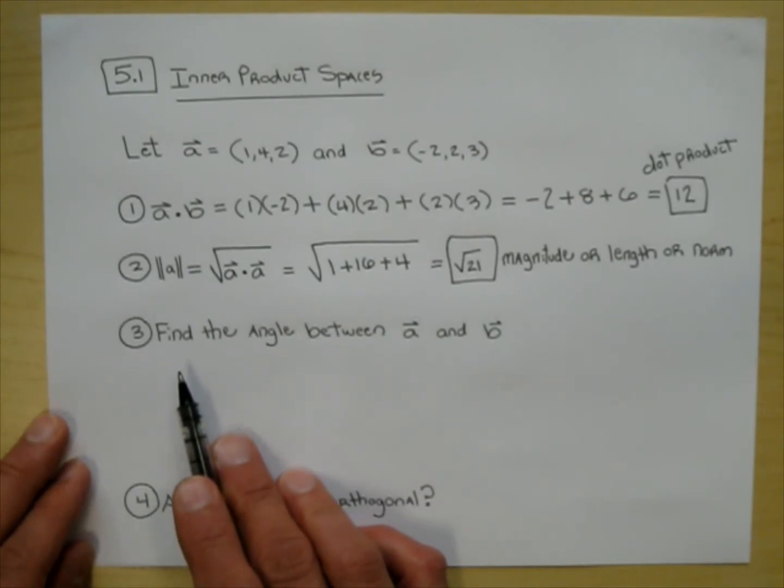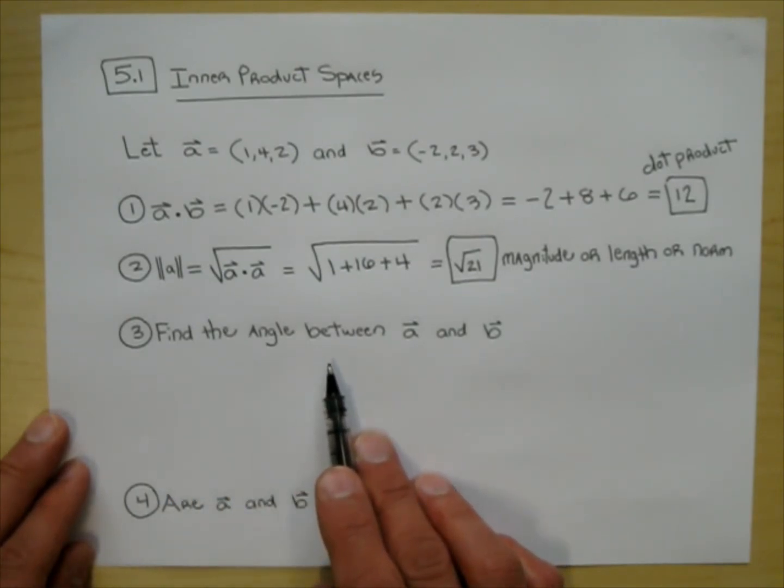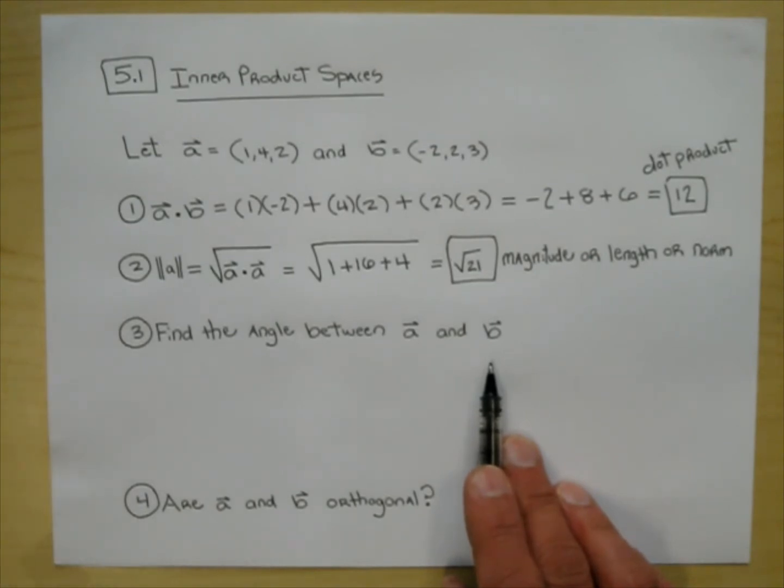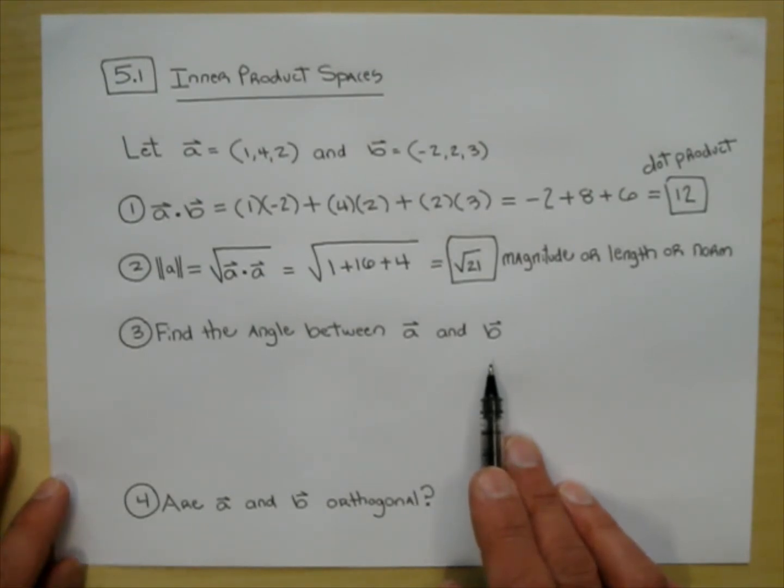Now what we are going to do is find the angle between A and B. How are we to find the angle between A and B? When it comes to angles, you know trig is going to come into play.